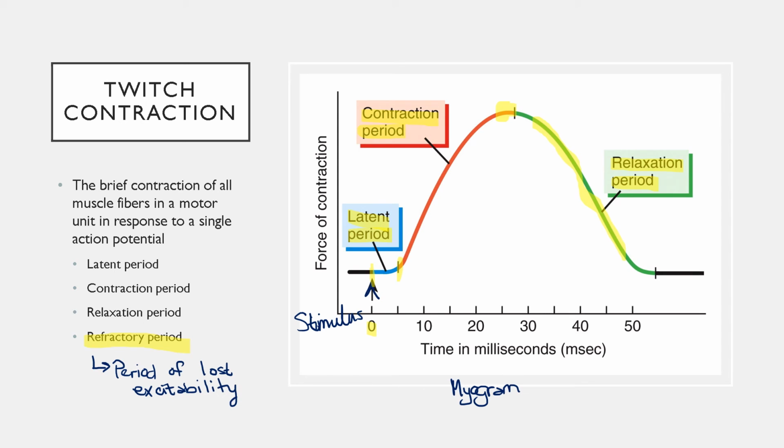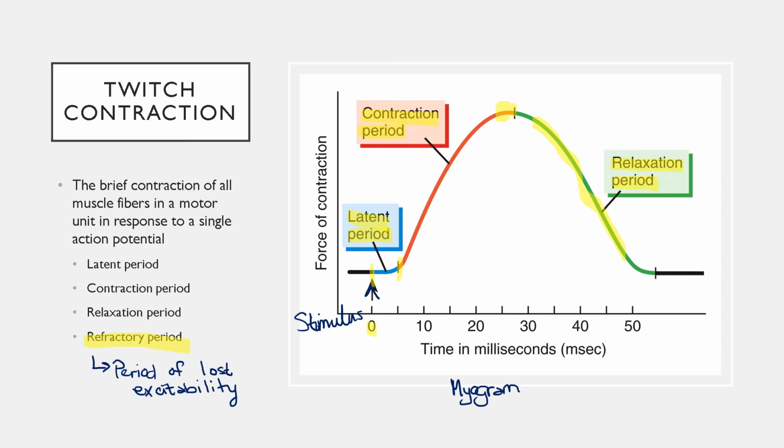This refractory period is characteristic of all muscle and nerve cells.